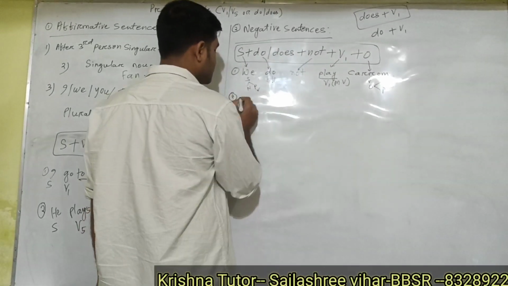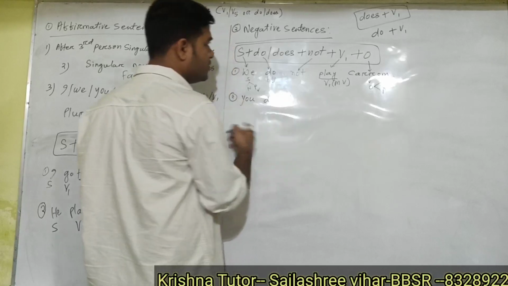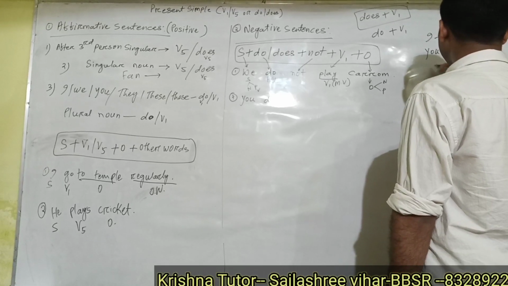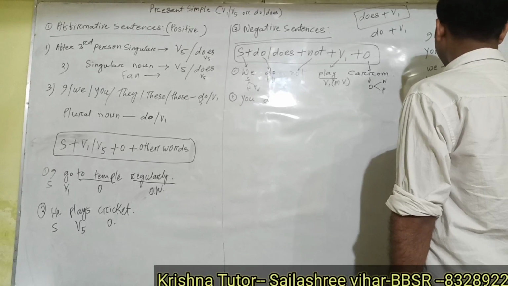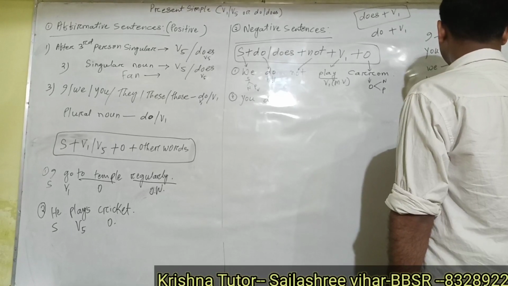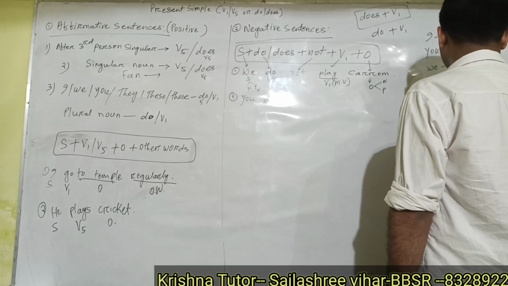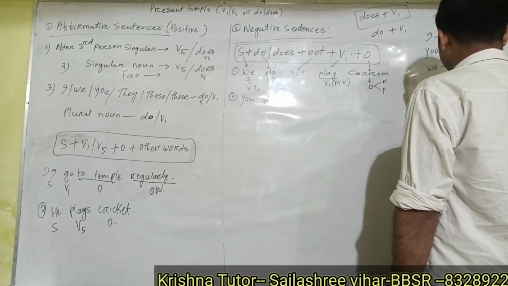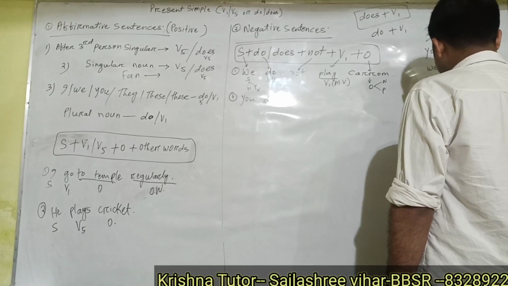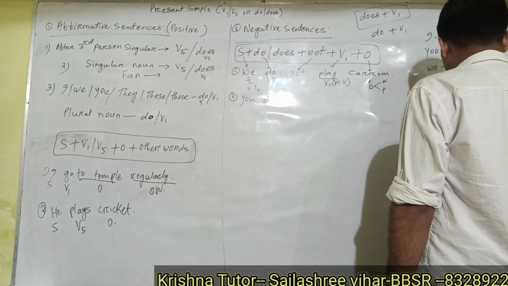Next, say you do not. After you we need to use do, because I do, you do, we do, he does, she does, it does, this does, that does, they do, these do, those do.